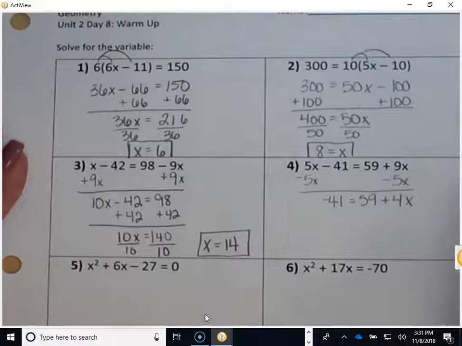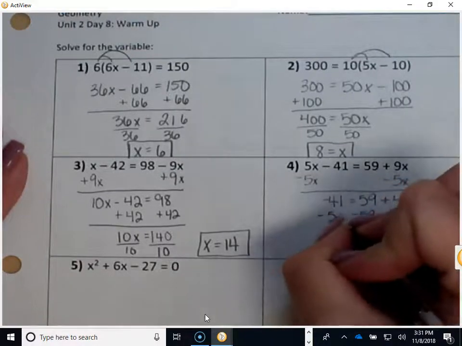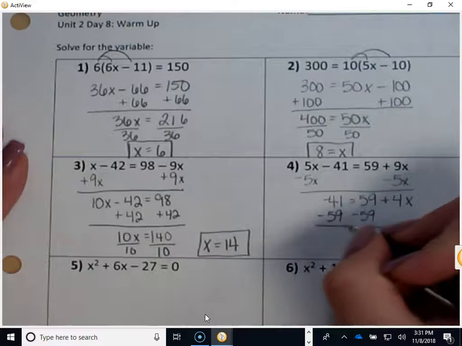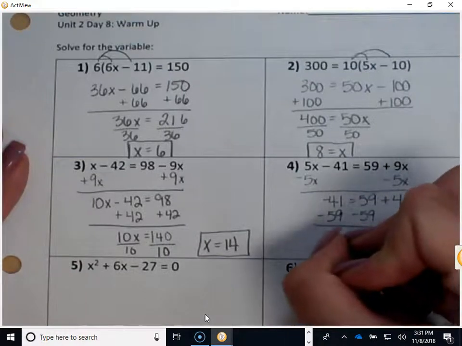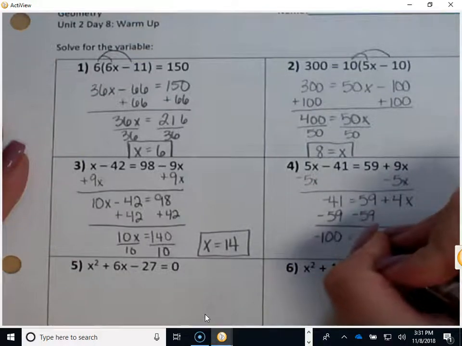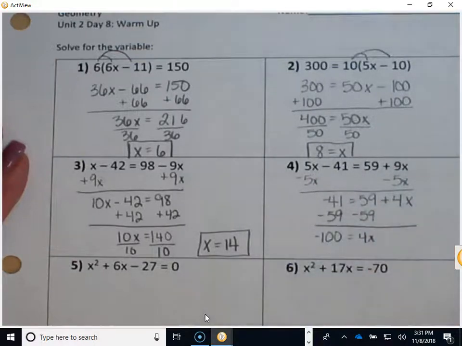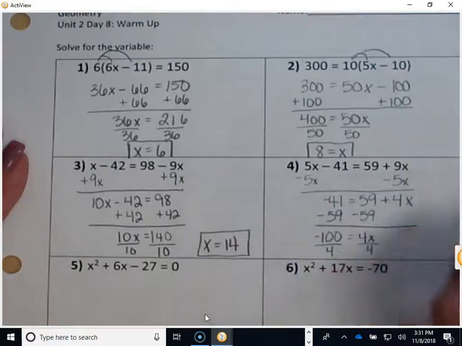Need to get those x's by themselves, so I'm going to subtract 59 from both sides. Negative 41 minus 59 gives me negative 100. So we have negative 100 equals 4x. To get x by itself, divide by 4. So x equals negative 25.